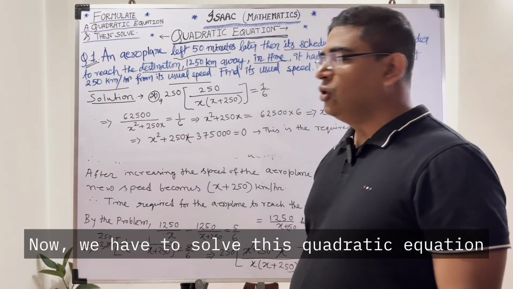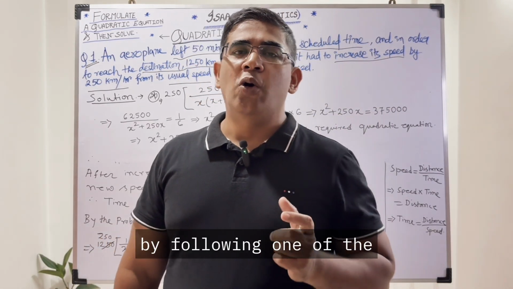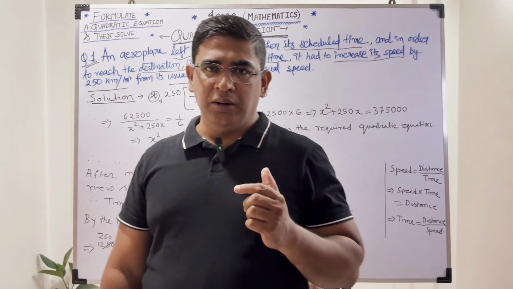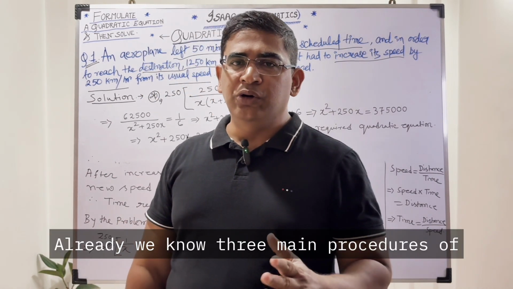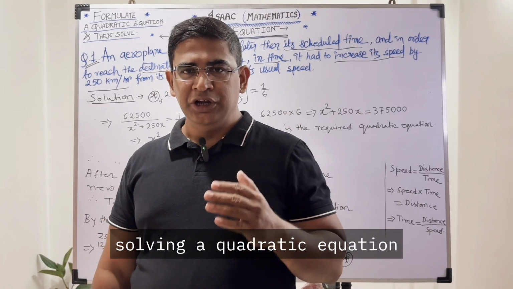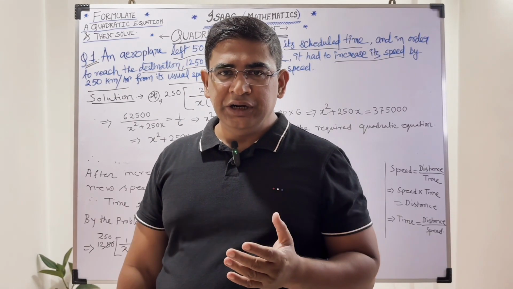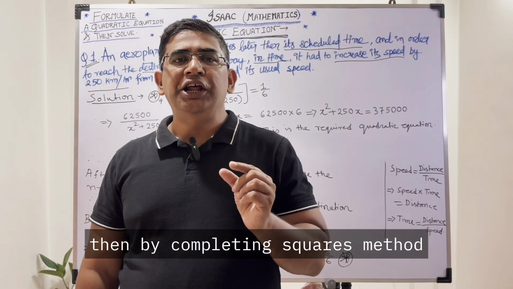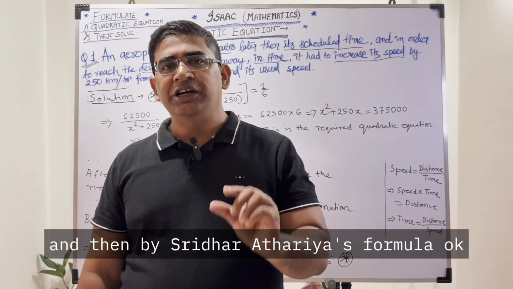Now we have to solve this quadratic equation by following one of the methods of solving quadratic equation. Already we know three main procedures of solving a quadratic equation. They are by the method of middle term factorization, then by completing squares method, and then by Sridharacharya's formula.